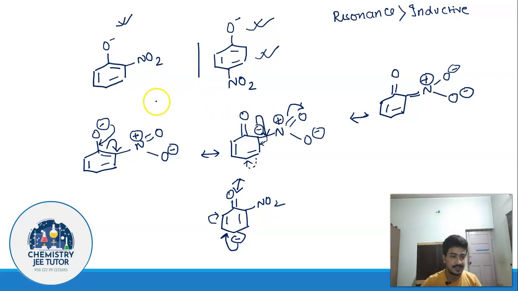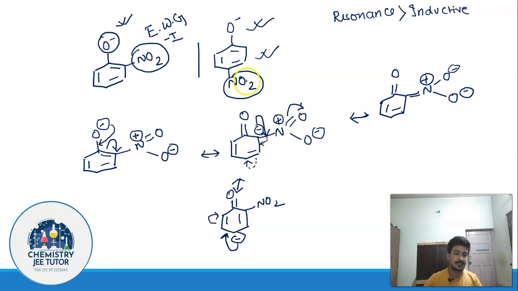But if you notice in this case, the electron withdrawing nitro group, which has minus I effect, is closer to the atom which bears the negative charge. In this case, the nitro group is further away from the atom which bears the negative charge. Since inductive effect is a distance dependent phenomenon, the minus I effect will be far higher in this case as compared to this, because this nitro group resides closer to the negative charge while the other resides further away.